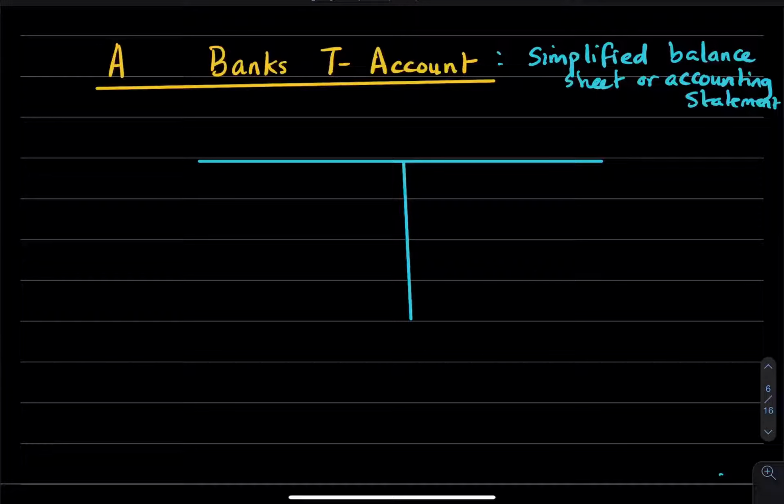Right? And it is going to show you a bank's assets and a bank's liabilities. So on either side, this should add up and be the same number.